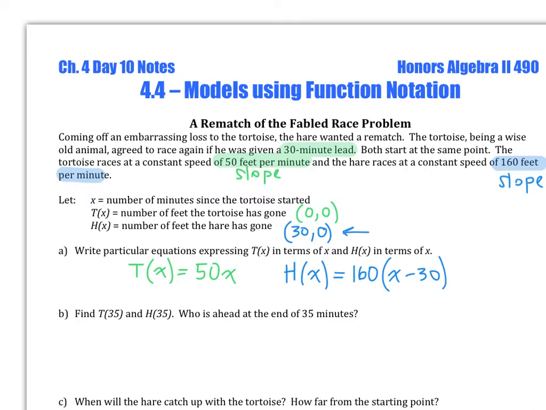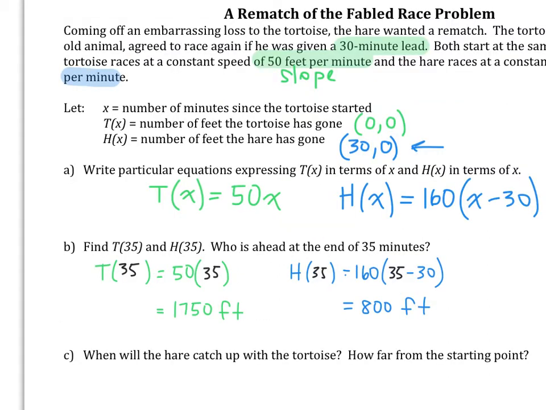I want you to go ahead and complete part B on your own. So find t of 35 and h of 35 and answer the question, who is ahead at the end of 35 minutes? Pause the video and check back. I got t of 35 to be 1,750 feet and h of 35 to be 800 feet.